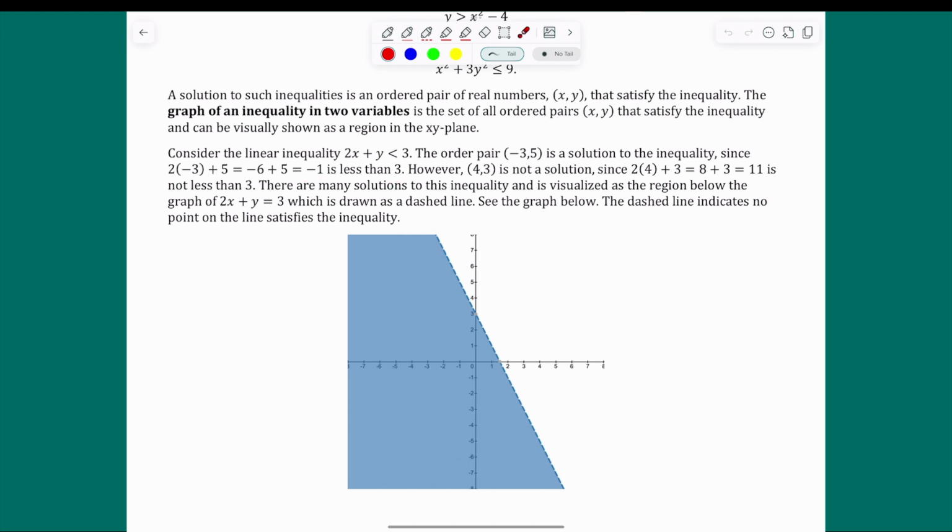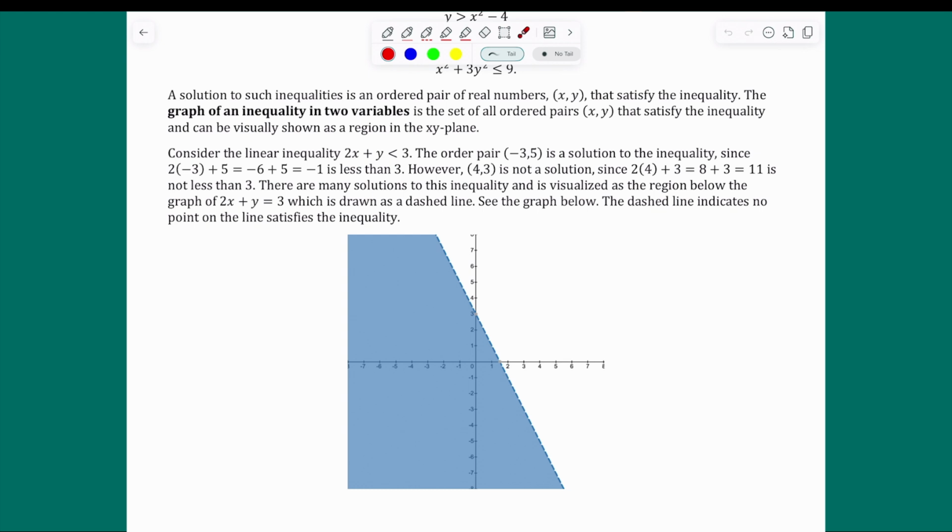However, an ordered pair like 4, 3 is not a solution, since when you plug this point into the expression on the left, we have 2 times 4 plus 3, which is 8 plus 3, which gives us 11, and 11 is not less than 3. So that's false, and therefore it's not a solution.